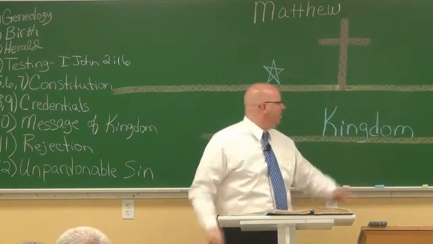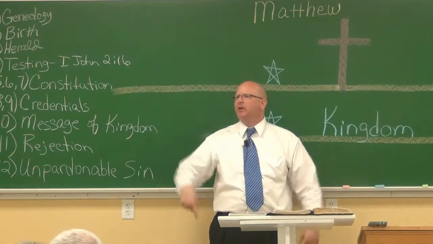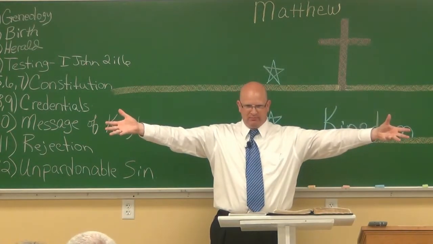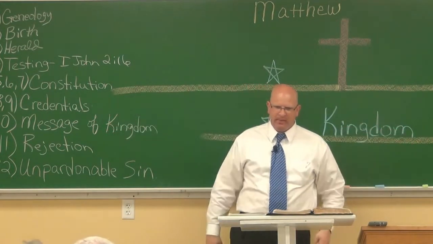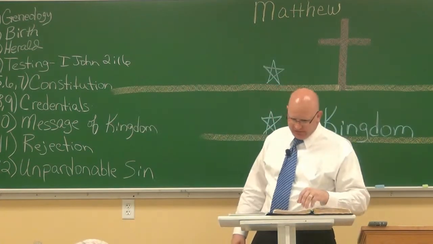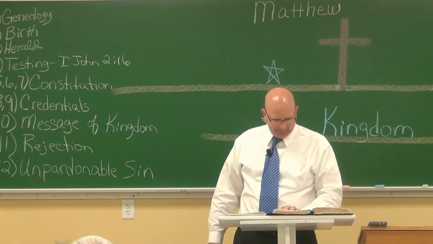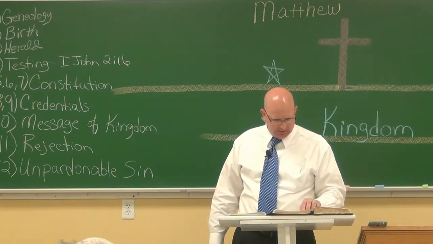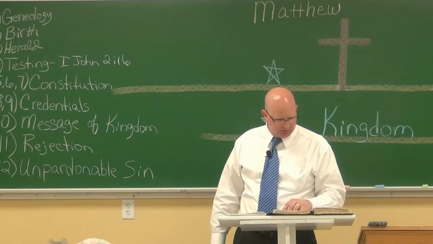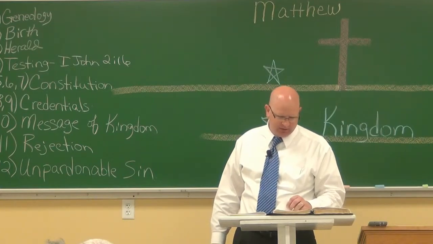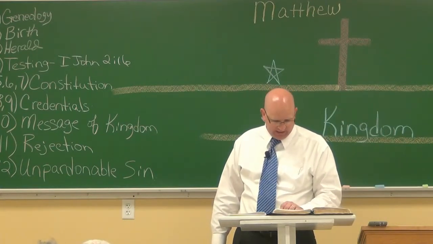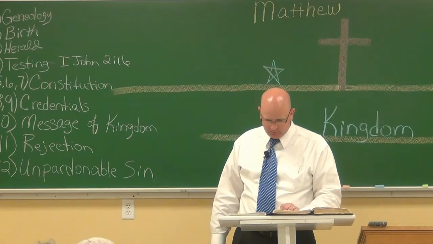They don't want him to be their king. They want him to give them something. So the feeding of the 5,000 is there. And you got some other things there. I think feeding the 5,000 is what starts verse 15 of chapter 14. Lord, forgive me.